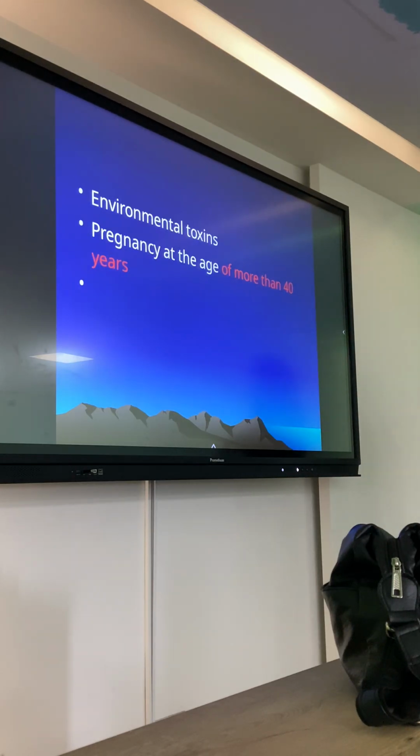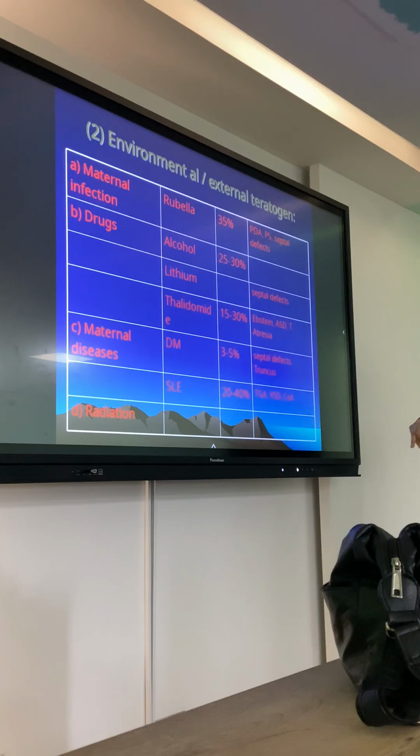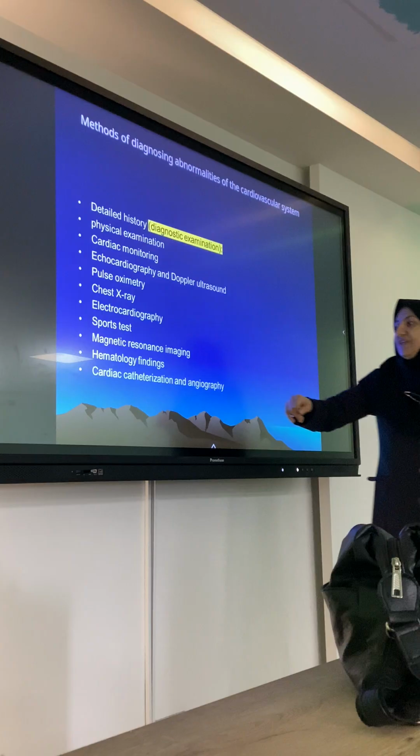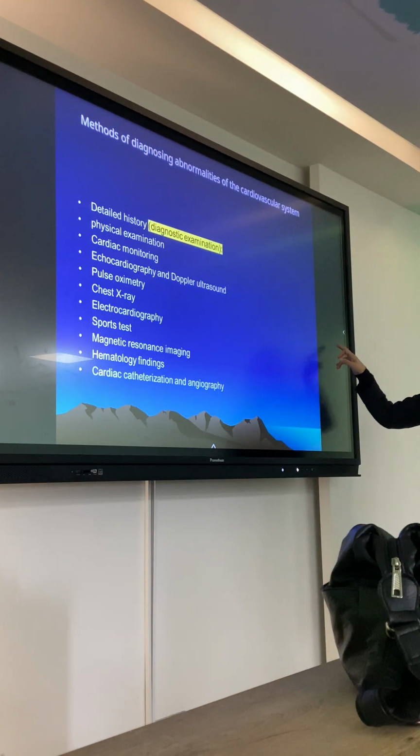And I said about the age of pregnancy that is very important for heart disease. Also about some external and environmental. Please read them in the file. And also about method of diagnosis, and for confirming we said about angiography, that is very important, and echocardiography.